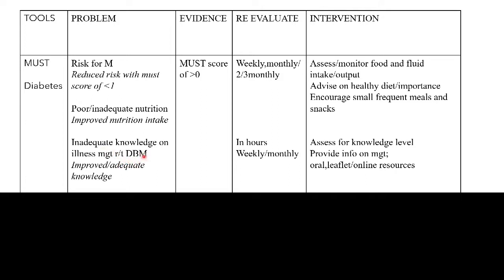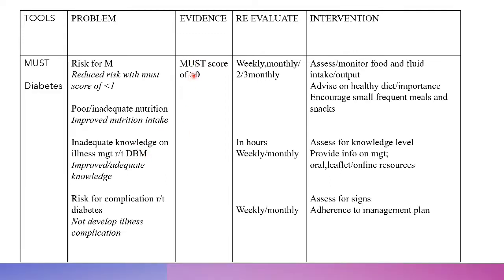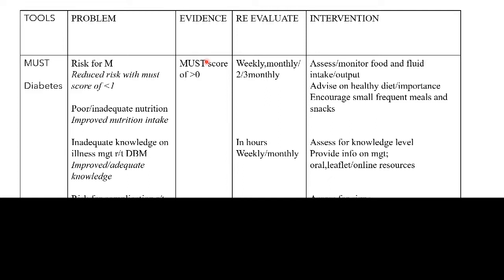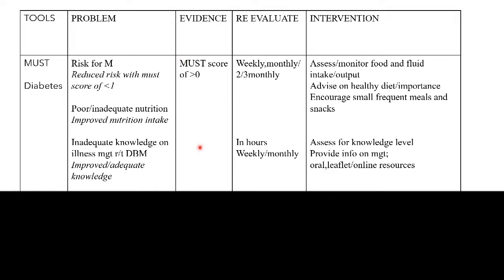The evidence could be your MUST score, because to have malnutrition, it means the patient is not taking care of himself or herself. So evidenced by the MUST score or patient's verbal account.